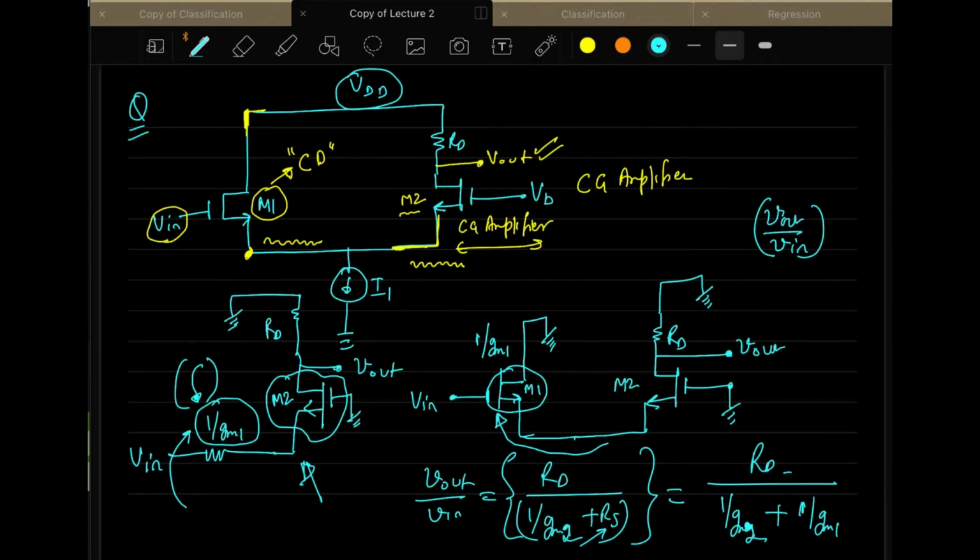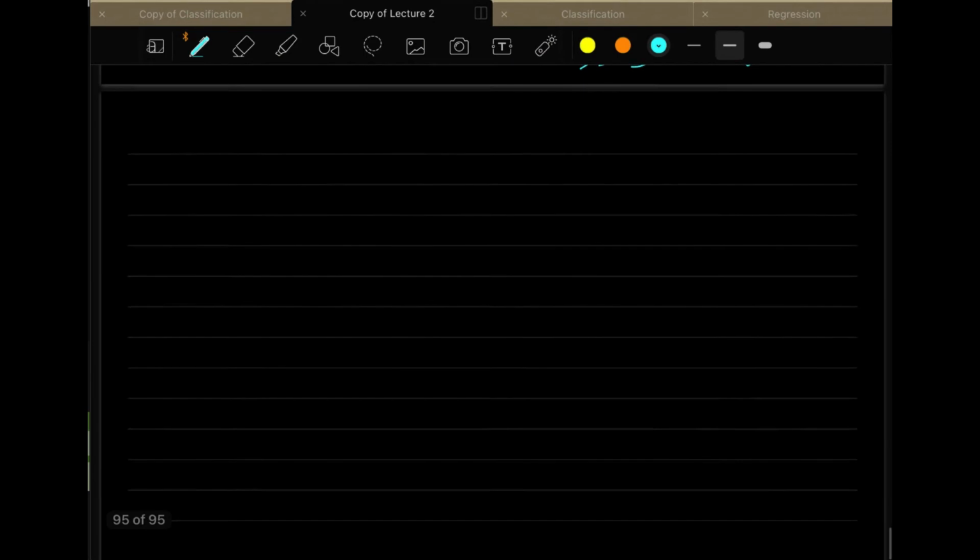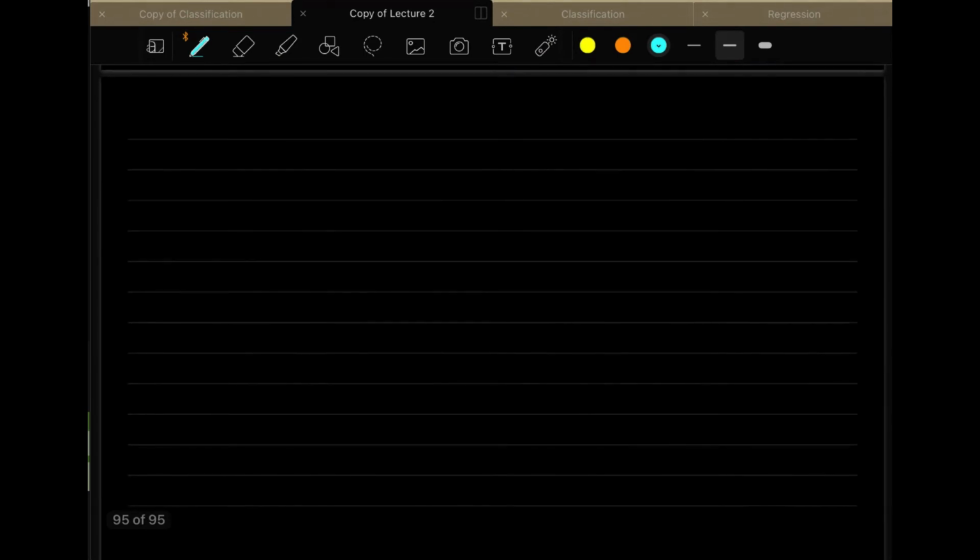then let's move forward and discuss one more question, and then I'll ask you to tell me what will be the answer. So here we have a voltage source VDD, then you have MOSFET M4 here. This is VB.